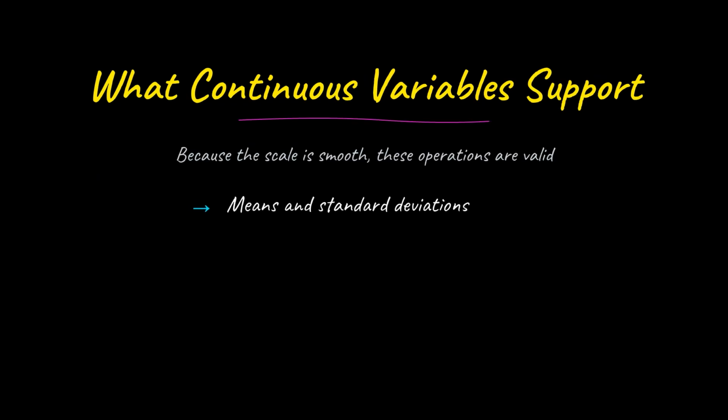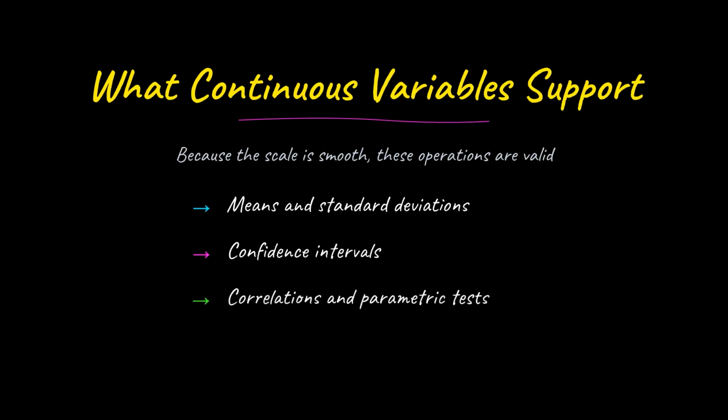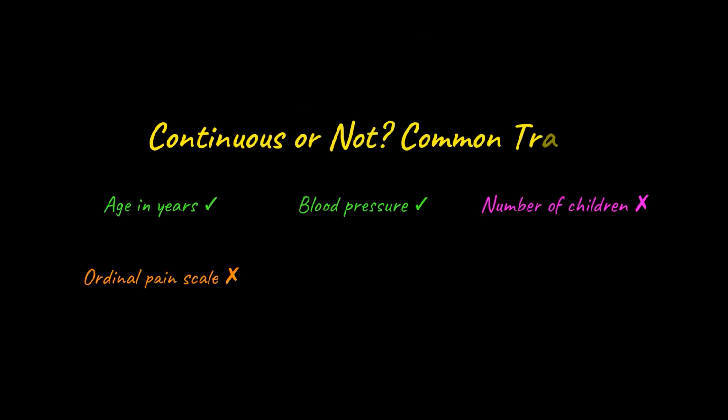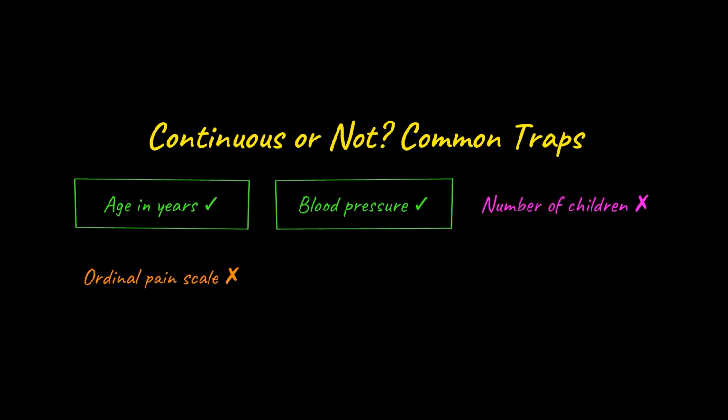Continuous variables support means, standard deviations, confidence intervals, and the full suite of parametric tests, operations that require the spacing between values to be consistent and meaningful. Watch for two common exam traps. Whole number counts, like number of children or prior admissions, are technically discrete, not continuous.